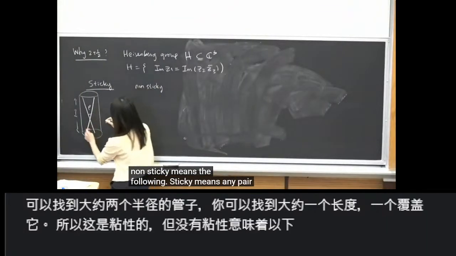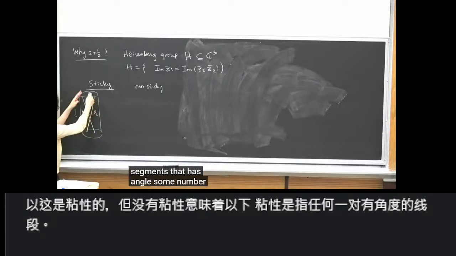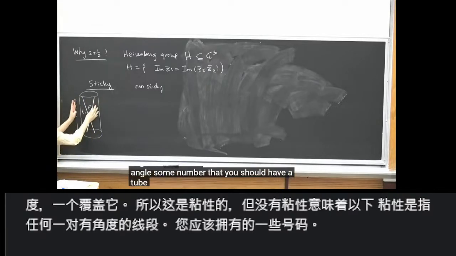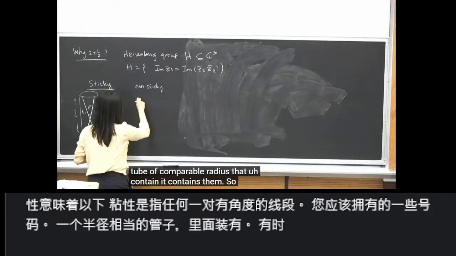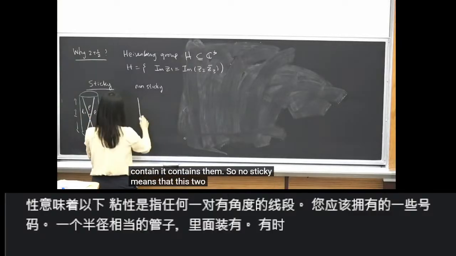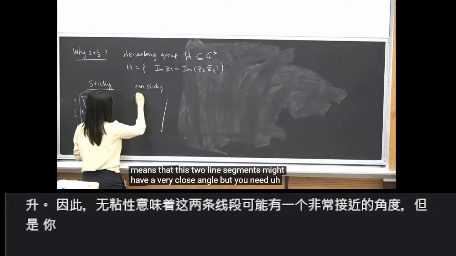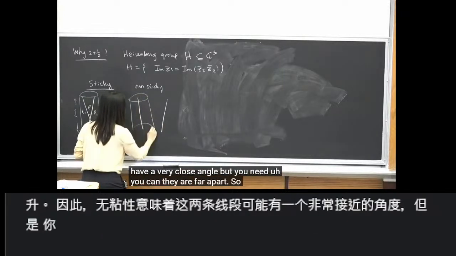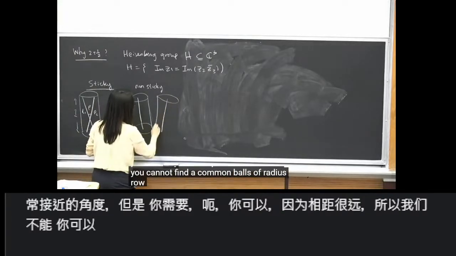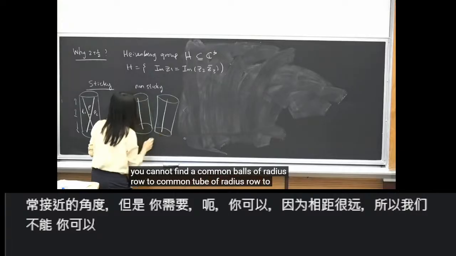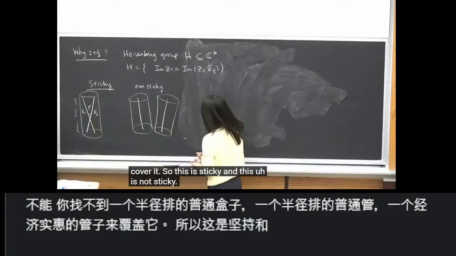Sticky means any pair of line segments with some angle should have a tube of comparable radius that contains them. Non-sticky means that these 2 line segments might have a very close angle, but they are far apart, so you cannot find a common tube of radius rho to cover them. So this is sticky and this is non-sticky.